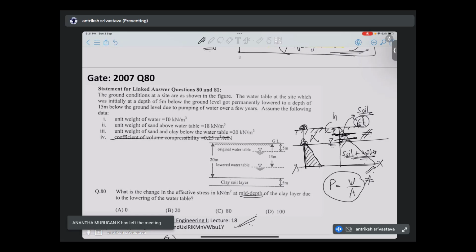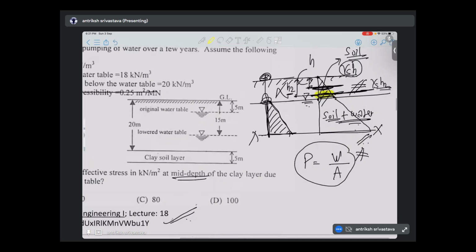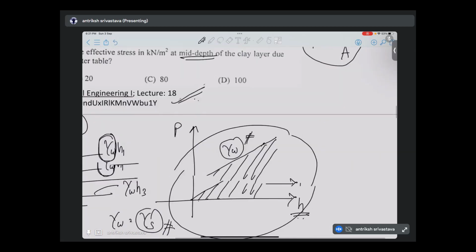And if we look at this depth, which is h2, let's say, maybe I will zoom it here, the pressure here is going to be gamma s into h2. So the slope is constant and pressure keeps on increasing. And this distance, or the base of the triangle at any point, is going to tell us the pressure at that particular depth. Okay, good. It is clear now.